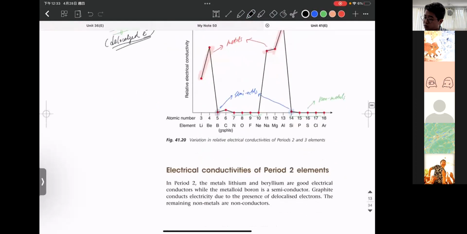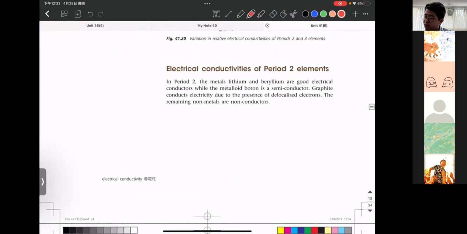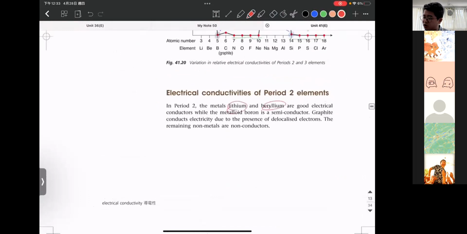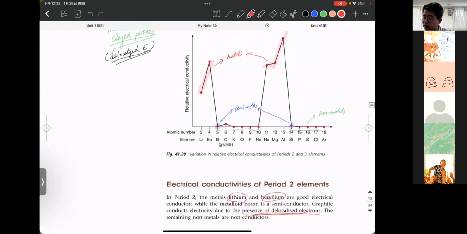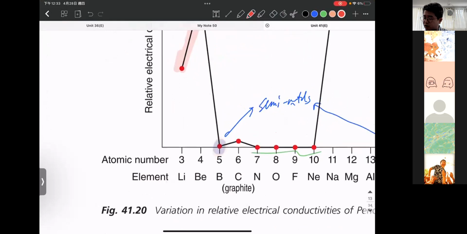You may find the two circled ones, lithium and beryllium. They are good electrical conductors because they are metals, right? Due to the presence of the delocalized electrons, they are highly conductive. But boron, a semi-metal, is rather low, but not zero. So you may find a very slight difference between this one and other non-metals, like nitrogen, oxygen, fluorine, etc.